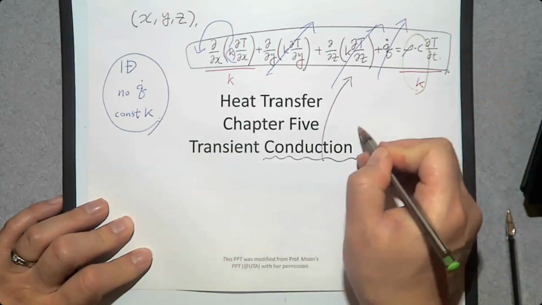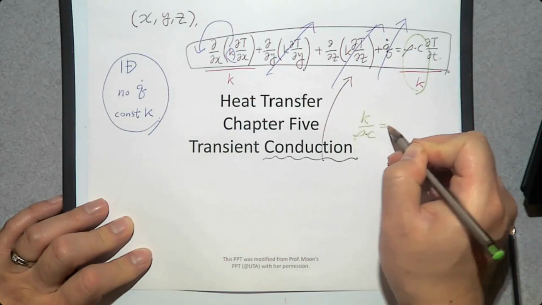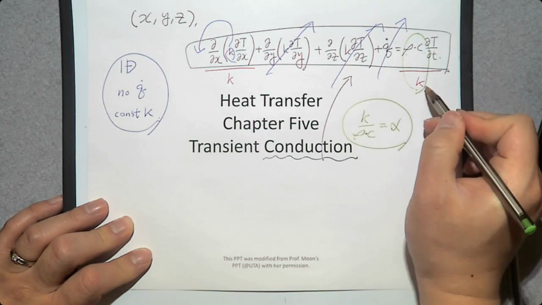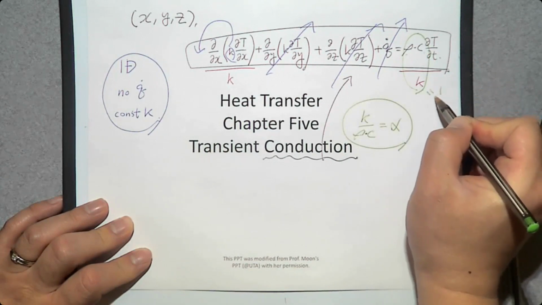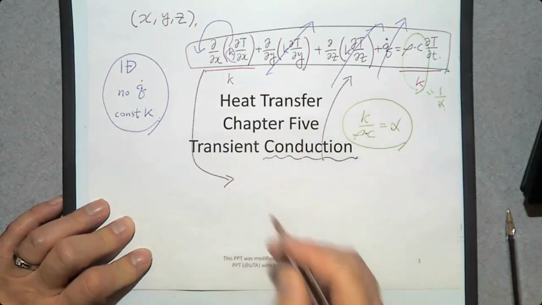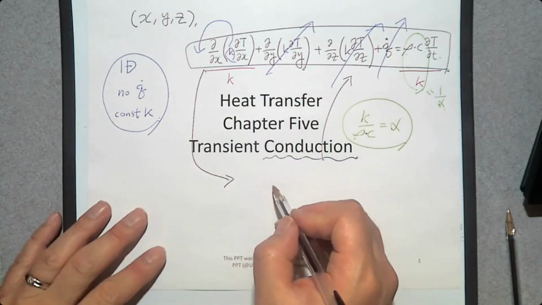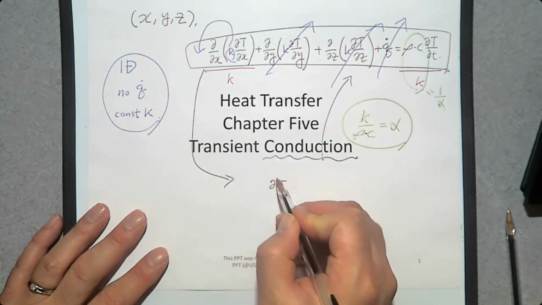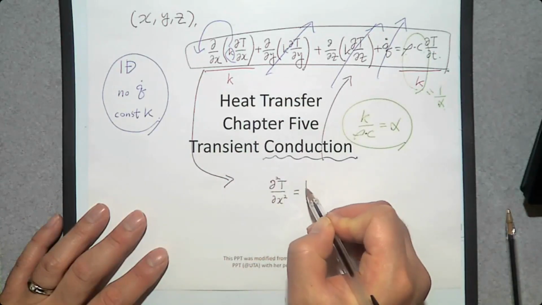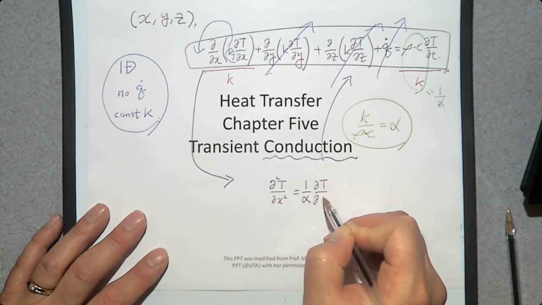Since we know k over density times specific heat is thermal diffusivity alpha, and rho C over k is 1 over alpha, then the governing equation that we are going to solve in this chapter 5 is partial squared T over partial x squared equals 1 over alpha partial temperature over partial time.